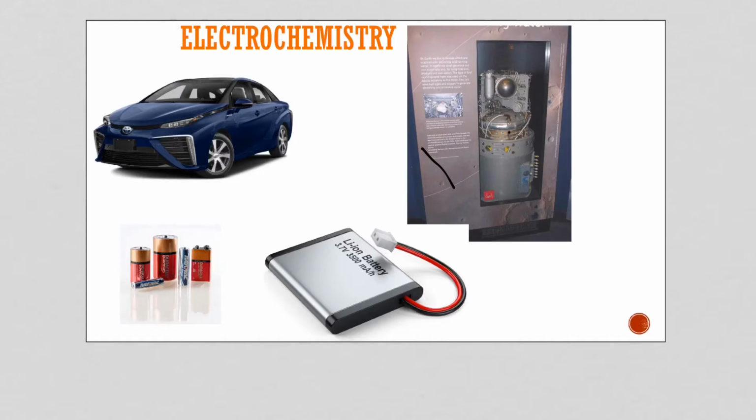Fuel cells are used in various applications. The picture here is a very old fuel cell, one of the original applications, which are in spaceships, space travel. So going back to the early days of space travel, they used fuel cells to power certain systems within those spacecraft.